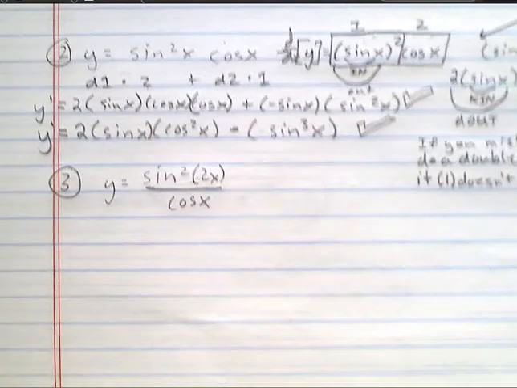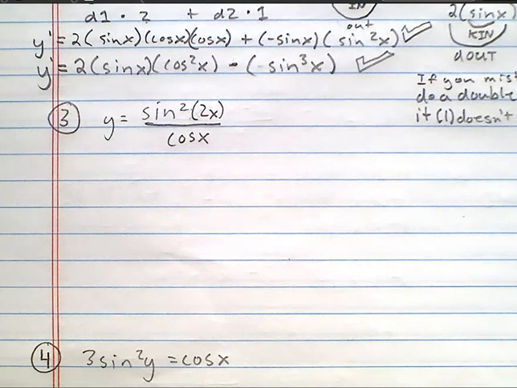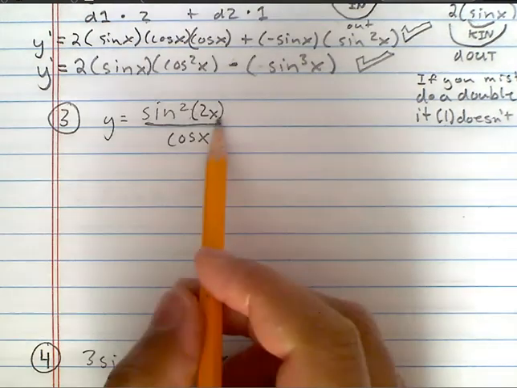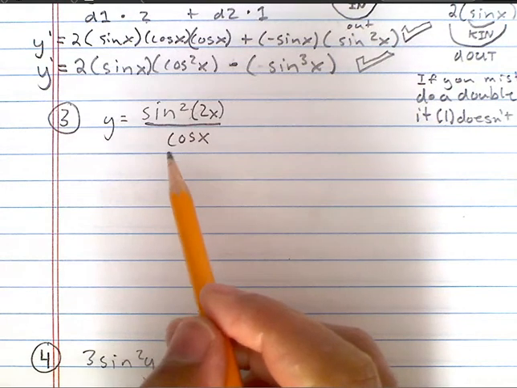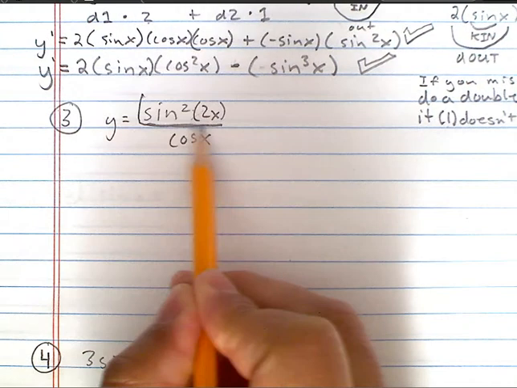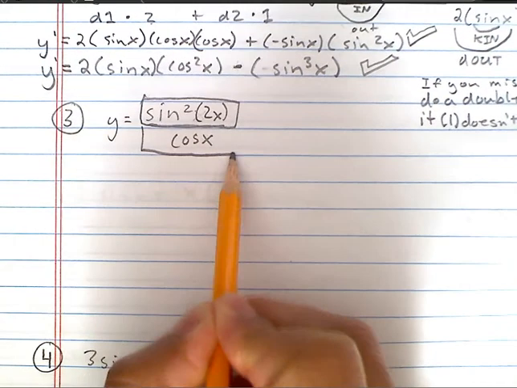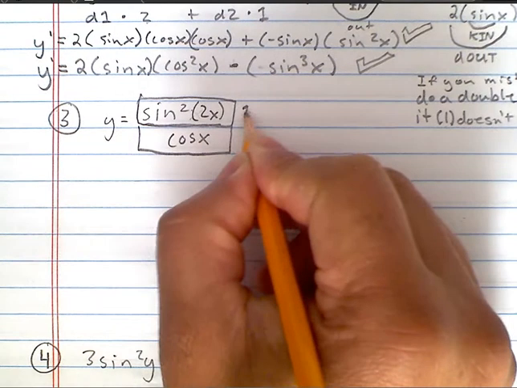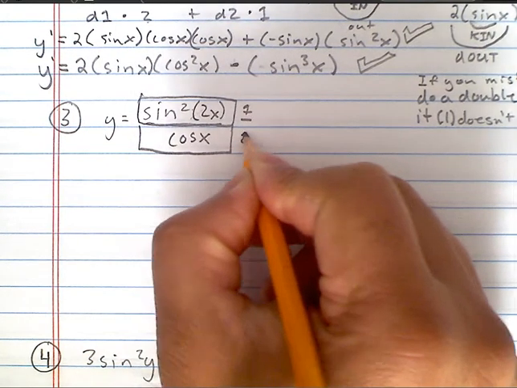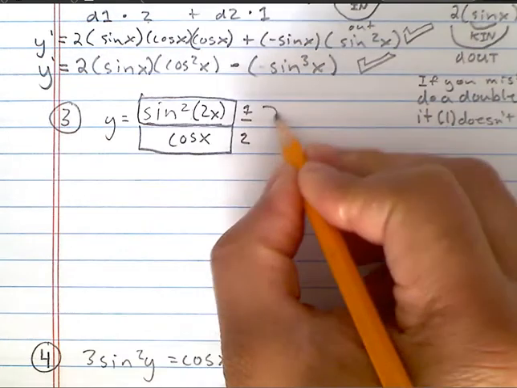This next one, number 3. This one is a double chain rule, okay? But it's thing 1 divided by thing 2. Alright, so this would be a quotient.